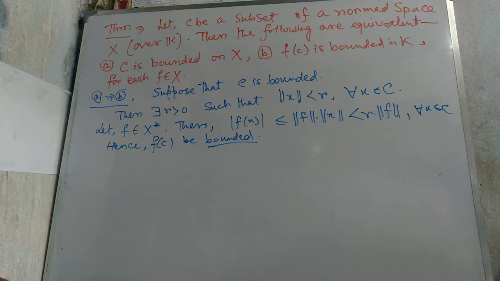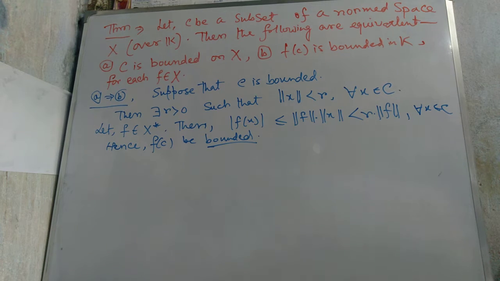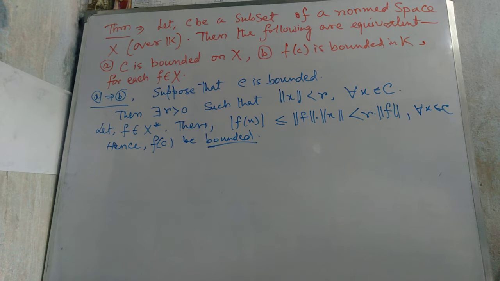Okay, so what we see is that if C is bounded, then norm of x is less than R, and then obviously |f(x)| is also bounded for all x belonging to C, hence f(C) is bounded.